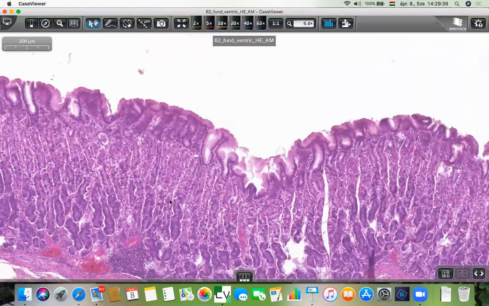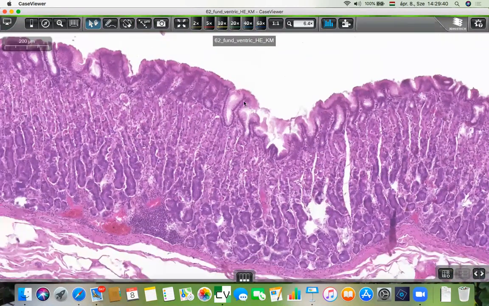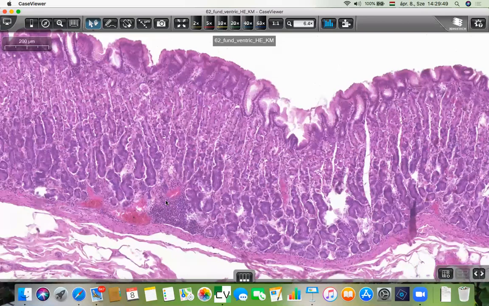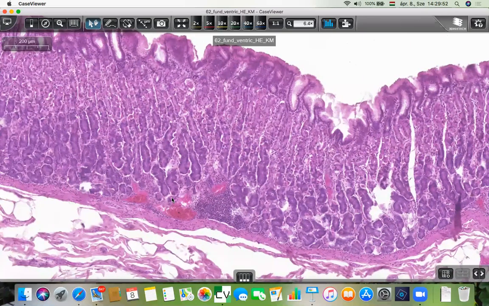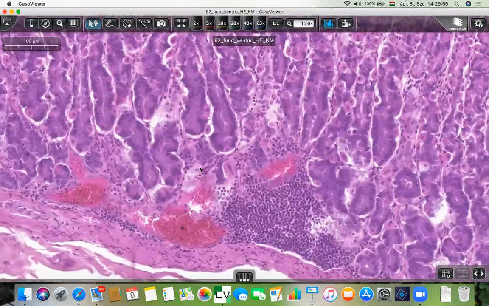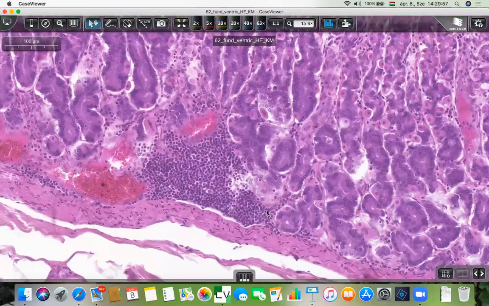Okay, so again, gastric pit, isthmus, neck region, basal part, and then at the bottom and among the gastric glands we can find loose connective tissue having numerous lymphocytes. This is the lamina propria, just among and underneath the gastric glands.